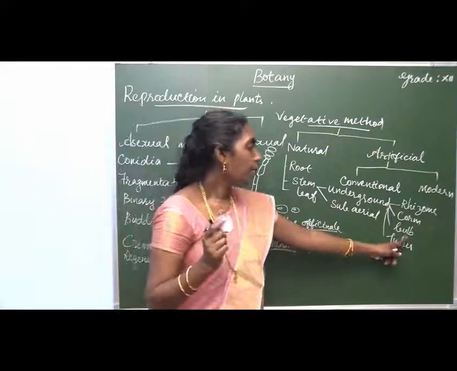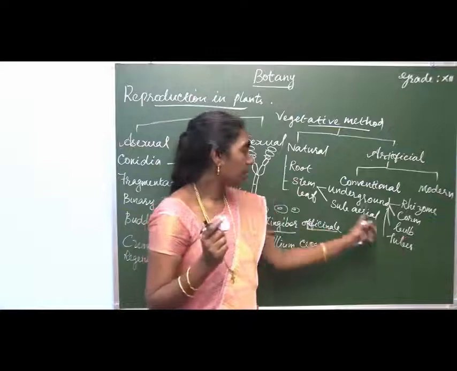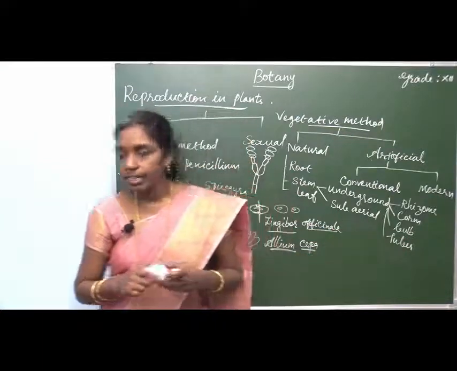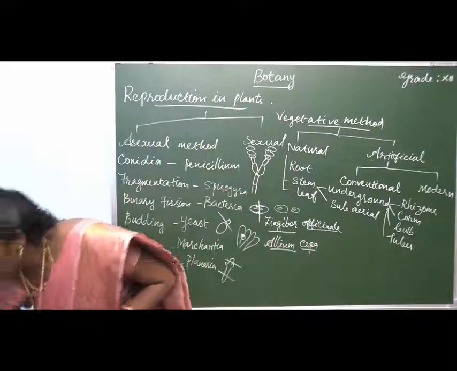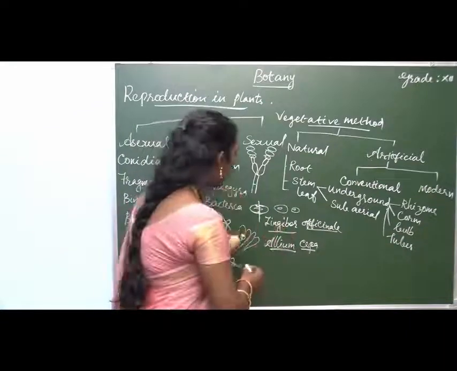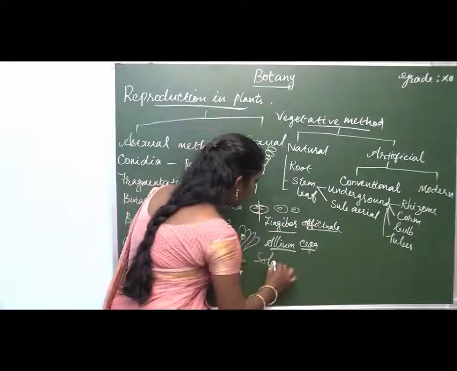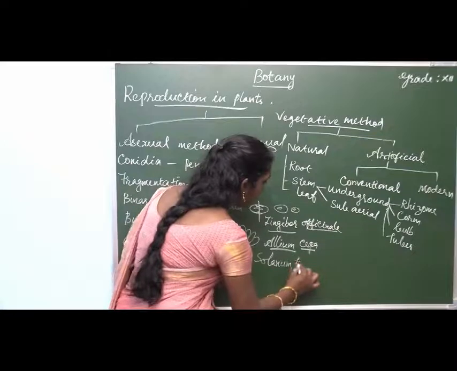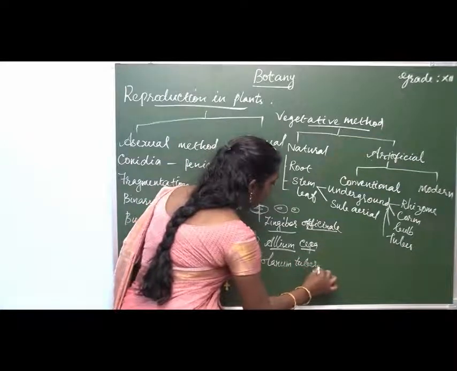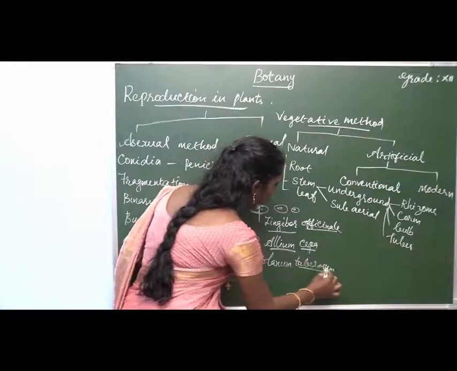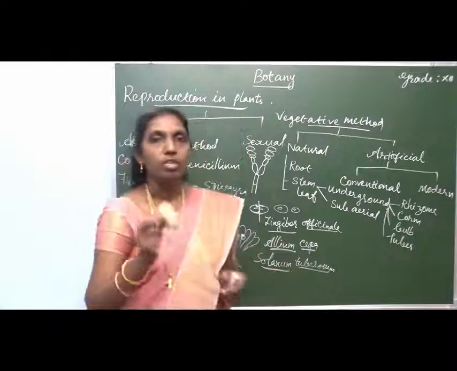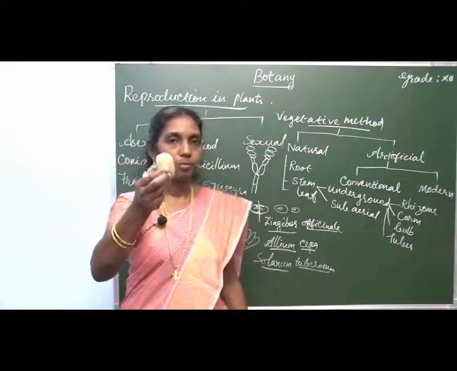So, this is bulb, an underground stem modification. Another example, tuber. Tuber example, Solanum tuberosum. Commonly we call this potato.